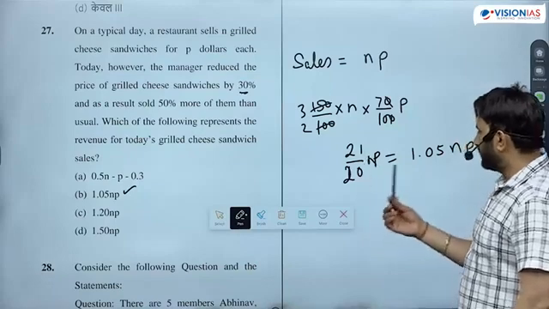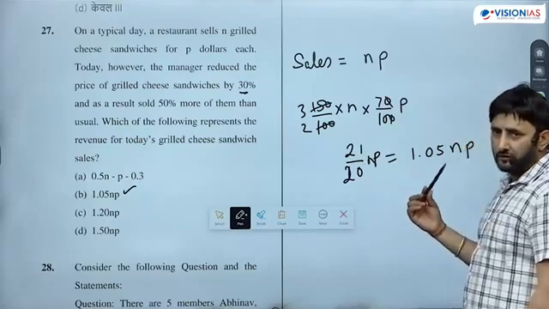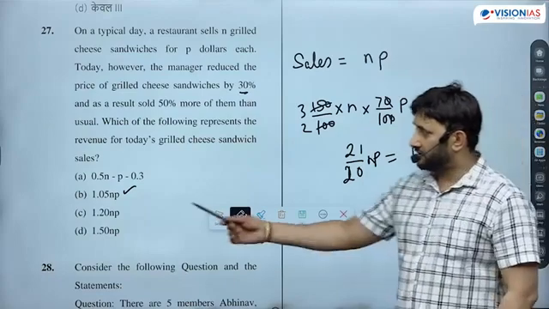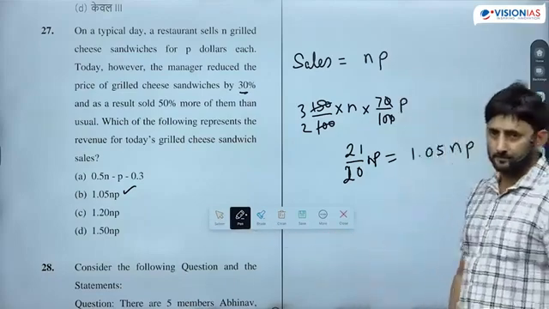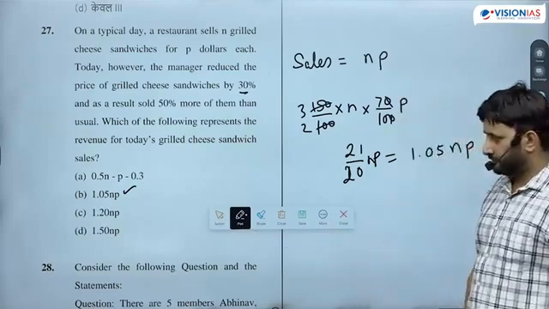So 21 upon 20 is equal to 1.05 n into p. So answer will be B. Okay.